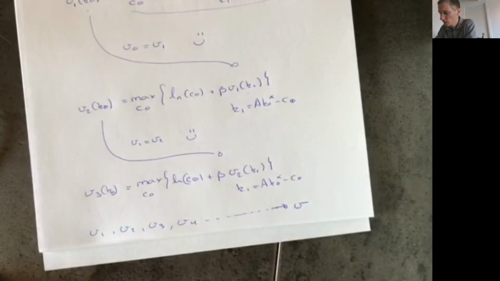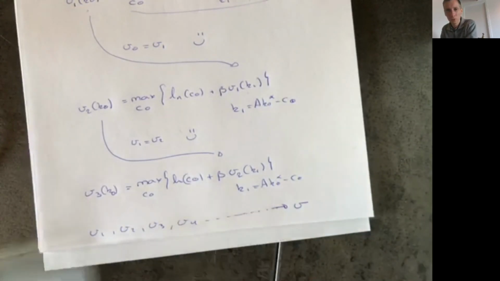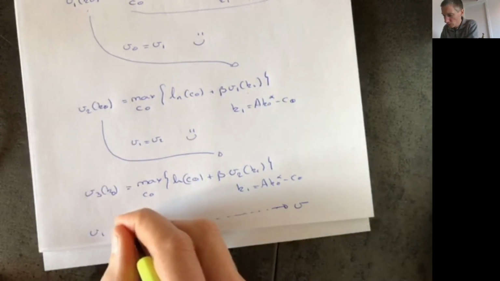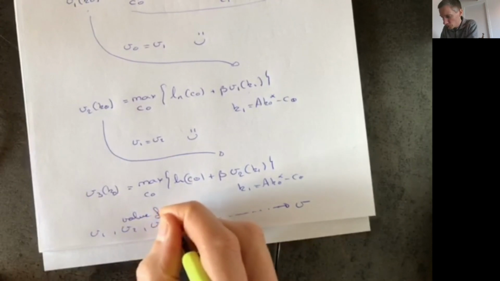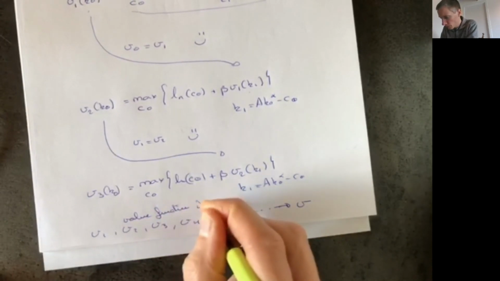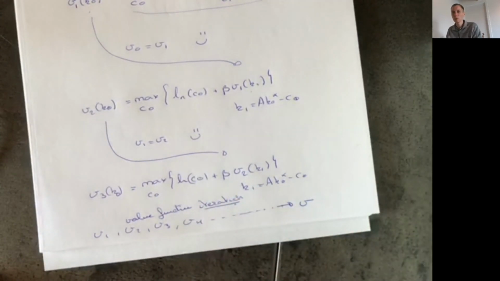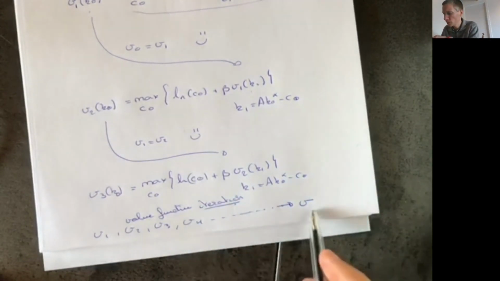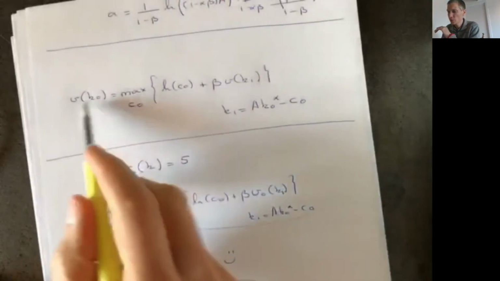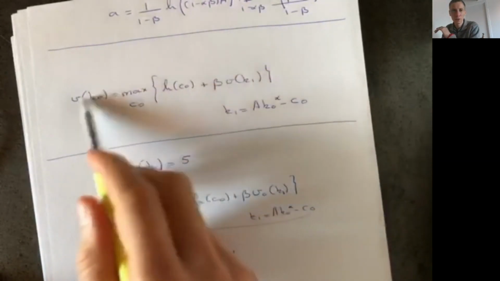Under some conditions, this is actually going to be the case. This sequence is going to converge. And this is called value function iteration. Under some conditions, this value function iteration will indeed converge, and this limiting function will indeed solve this problem here.